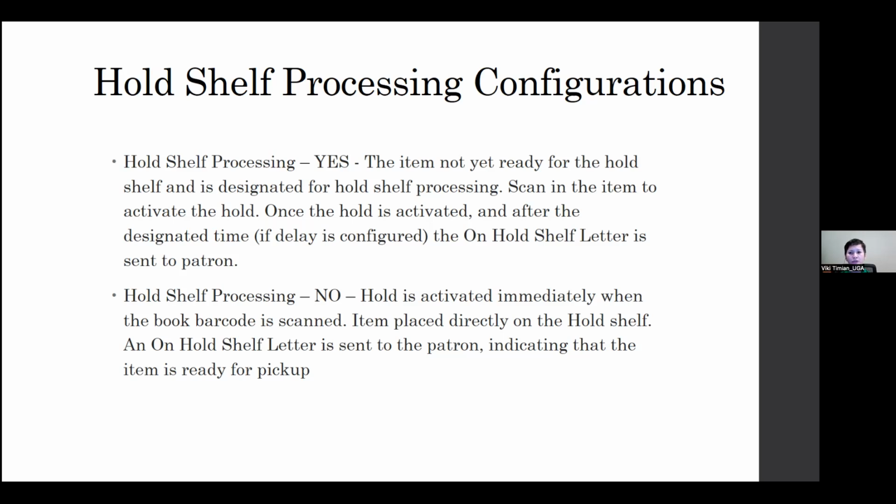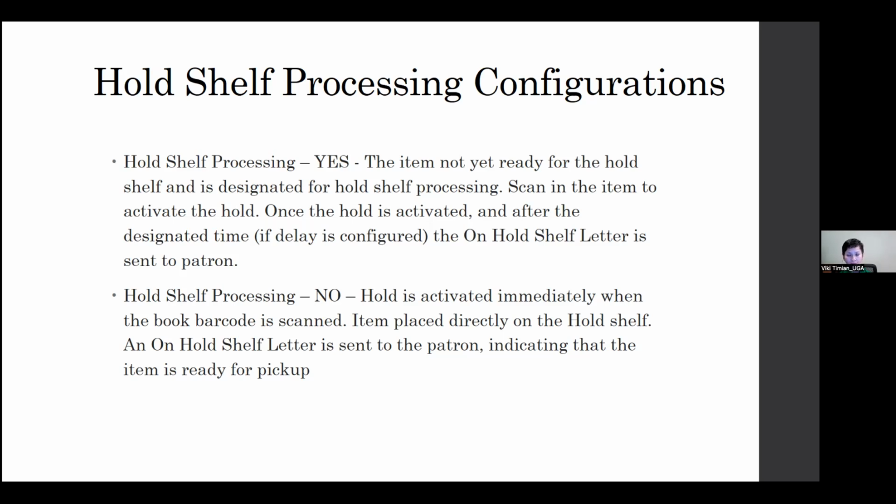If you want an interim step before an item shows up on your active hold shelf and the patron gets notified, you'll want to configure your hold shelf processing. If you do that, you will need to use scan and again to move the item from processing to then activate the hold.